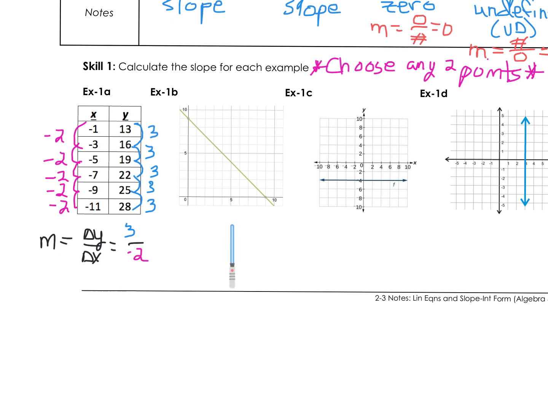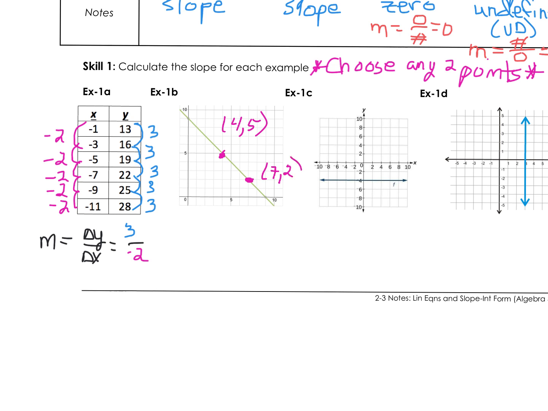If I look at a graph, I'm going to choose any 2 points on that graph. So let's choose this point right here, which is 4, 5, and I'm going to choose this point right here, which is 7, 2. I'm going to do this one 2 different ways as well.